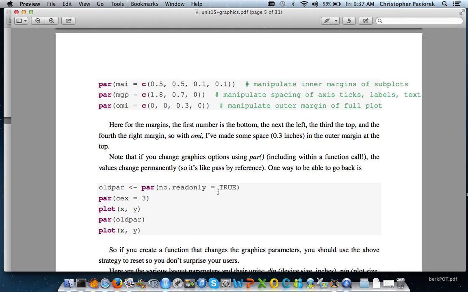I don't often end up manipulating these, but occasionally it might come in handy to know that there are vectors of two values that control the size. There's FIN, which controls the x size and the y size, and then PIN controls the x size and the y size of the actual plotting region within the subplot, and then DIN controls the overall sizing for the entire device, I think this stands for device.